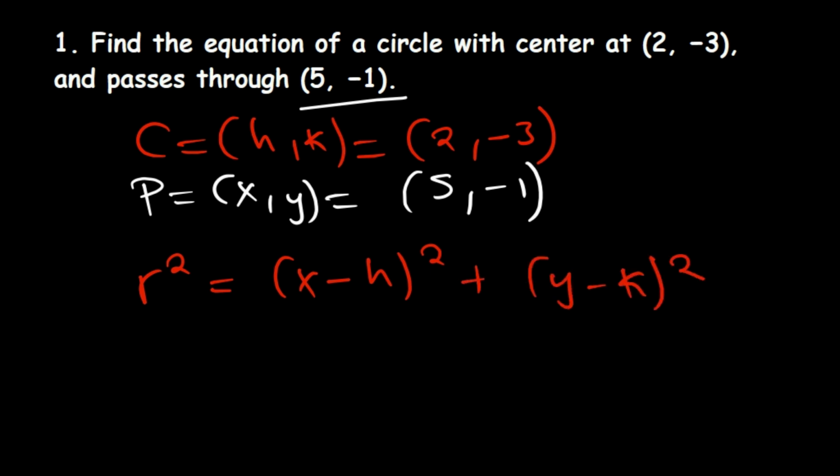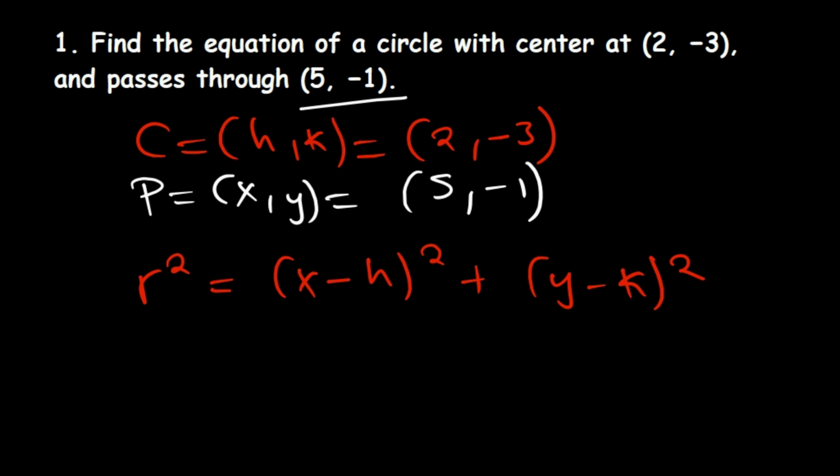It's just coming from the distance formula, where you use these points against each other. So it's x minus h, y minus k, both squared, and on the other side r is squared. This formula applies whether they ask you to find the equation or to find the radius, you still use the same formula.